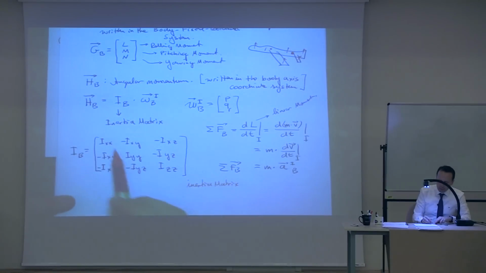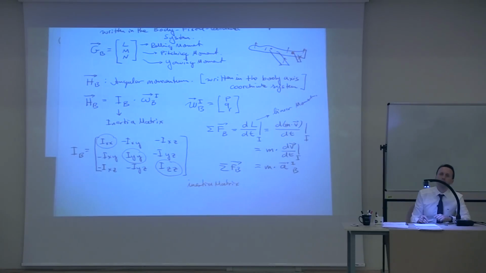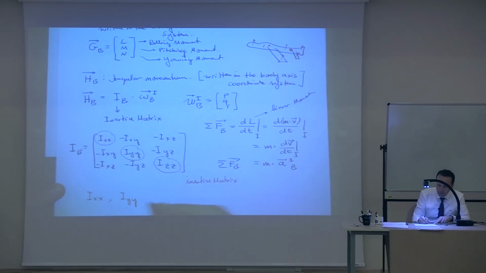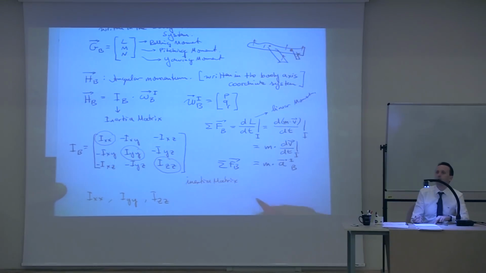Okay, so you see some of them have xx, yy, zz, some of them have xy, xz, yz, and so on and so forth. Let's start with the easy ones. Do you remember the names of these ones? What are they called? They have a name, come on. They are moments of inertia, right?